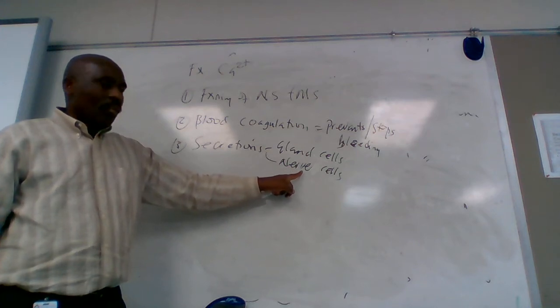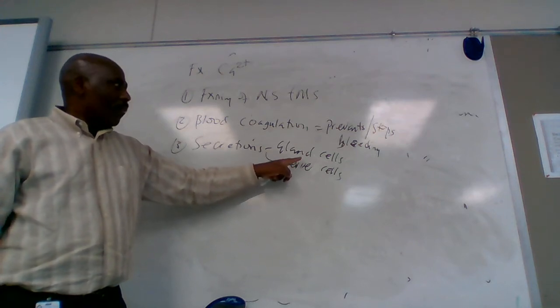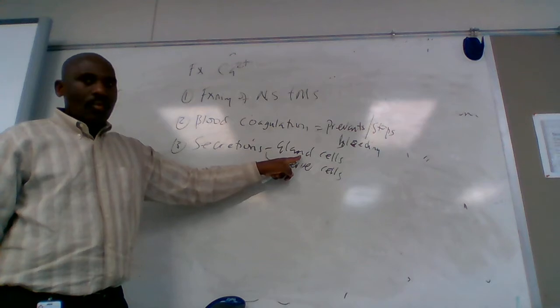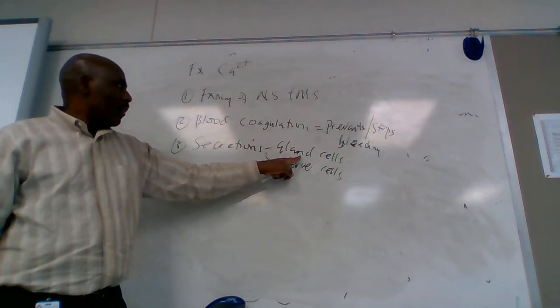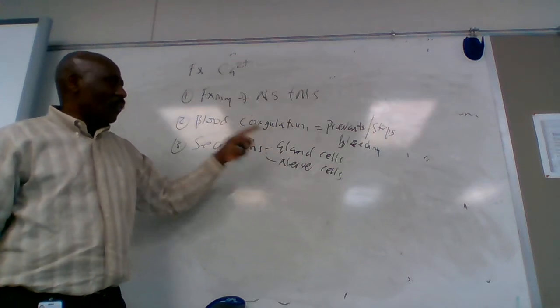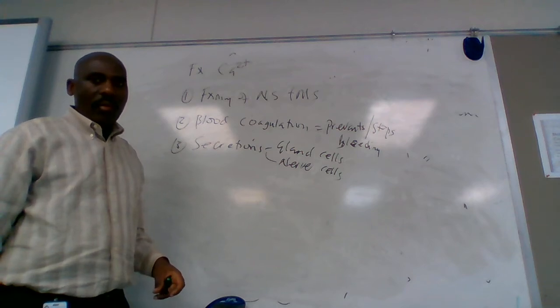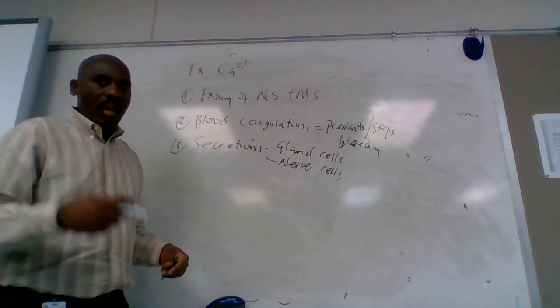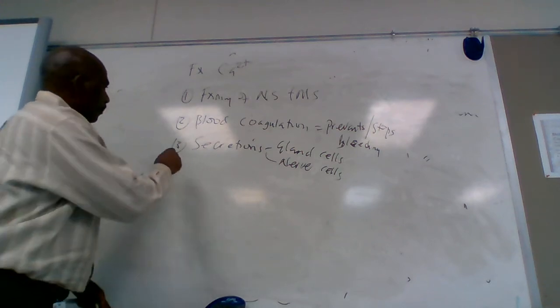For the nerve cells, we will see that in this class. For the gland cells, you will see that in AMP2. So secretions is another function of the calcium ions. Calcium ions are required for secretions.